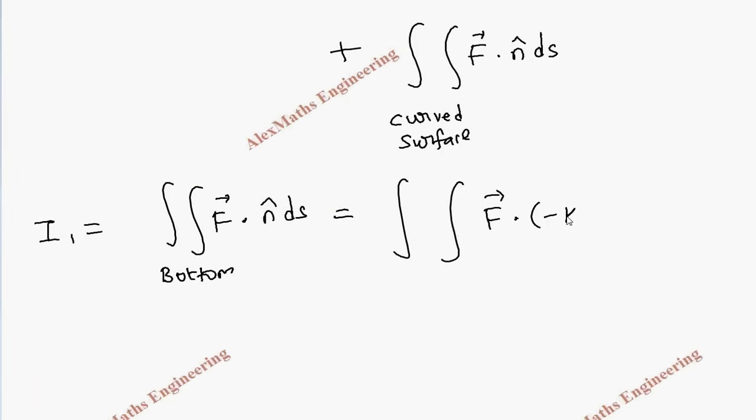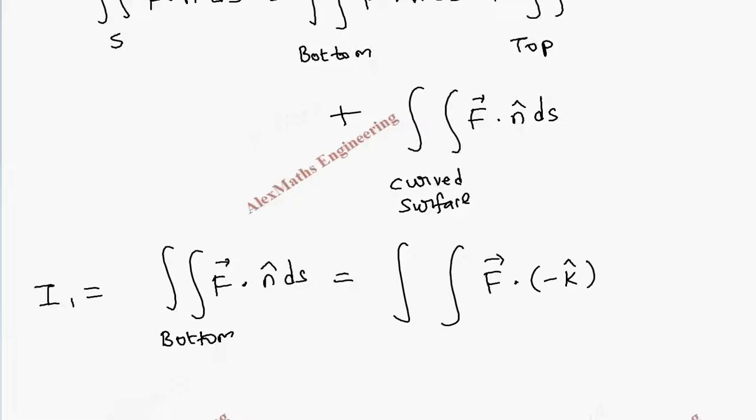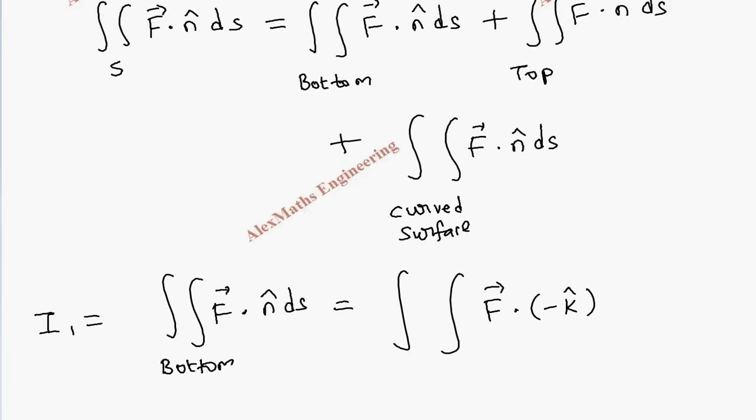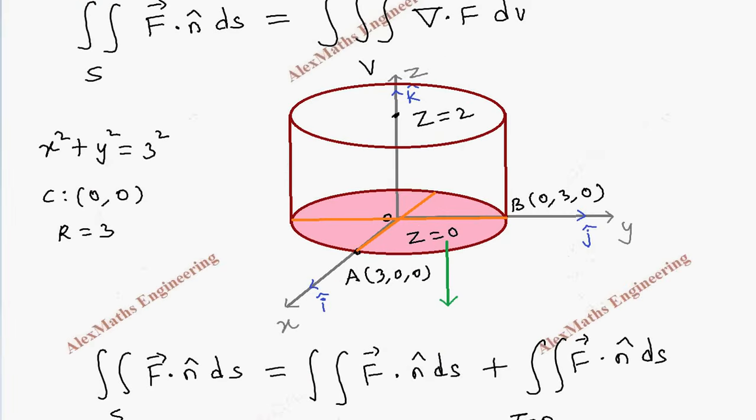So it is minus k cap, and this has the dimensions of x and y, which we can see from the diagram. This is the x value and this is the y value. So it is the region with area x and y, so we take this as dx and dy. The x limit varies from here to here.